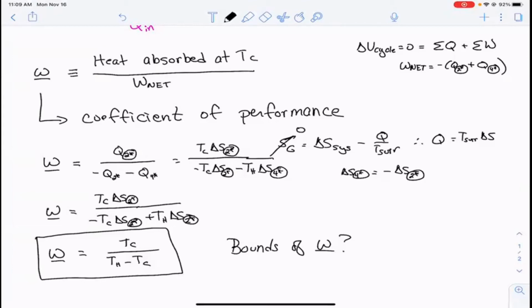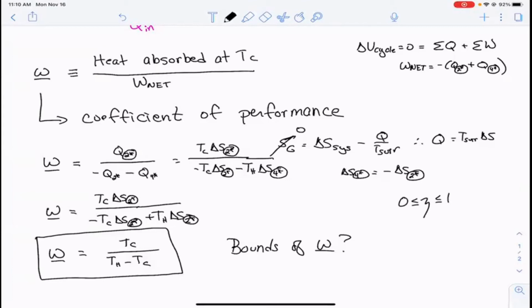So with regards to being greater than or equal to 0, I think here, let's do this. Efficiency is bound by 1 and 0, right? The efficiency can't be less than 0.